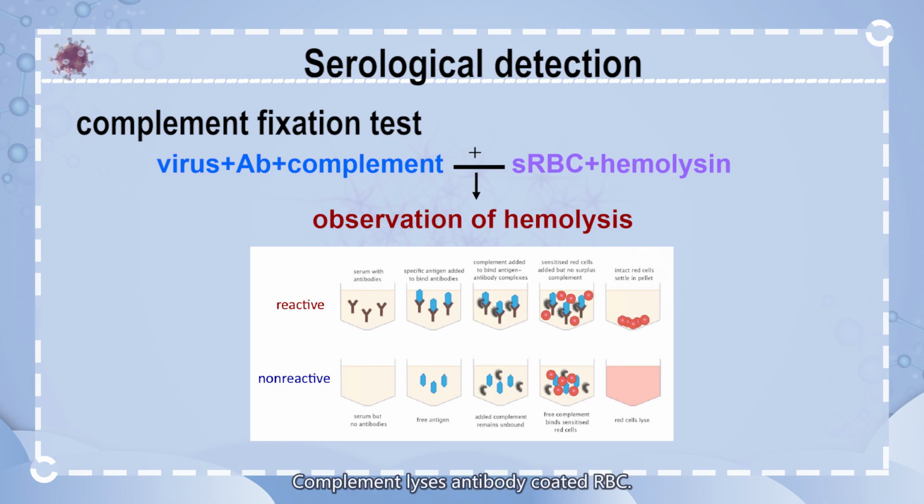Complement lyses antibody-coated red blood cells. It was used to diagnose infections, particularly with microbes that are not easily detected by culture methods. However, in clinical diagnostic labs, it has been largely superseded by other serological methods.